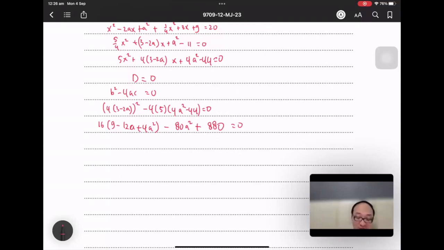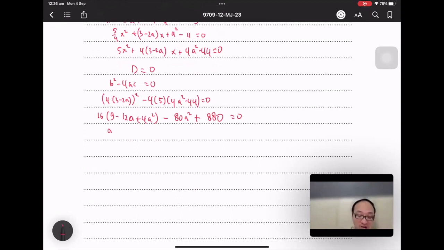And then I have to simplify this. Okay, just divide everything by 8. That's 16. So 9 minus 12a plus 4a squared minus 5a squared plus 55. So I have minus a squared minus 12a plus 64.